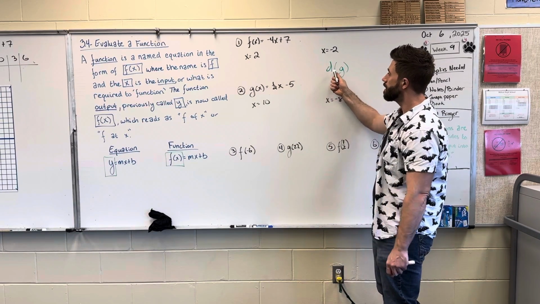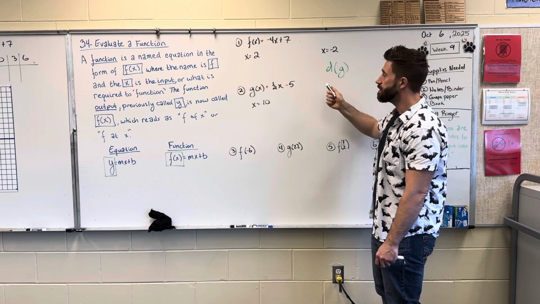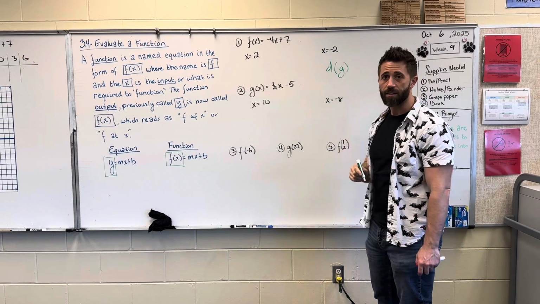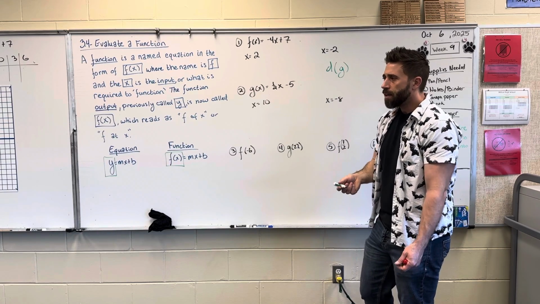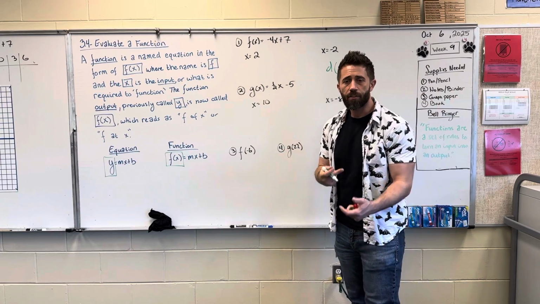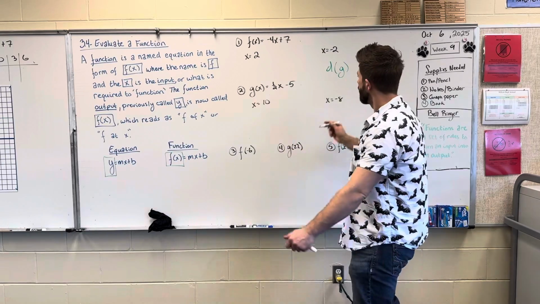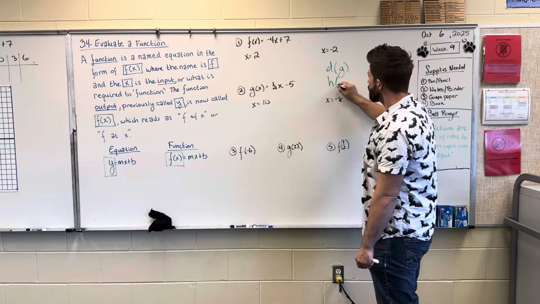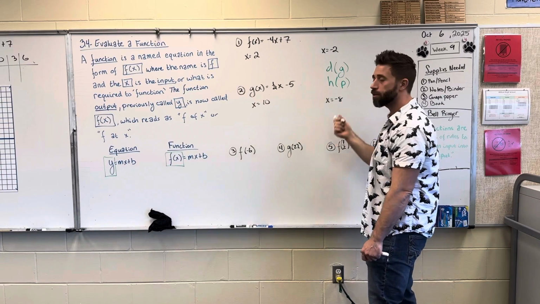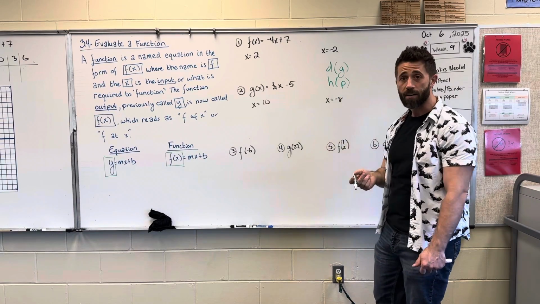So I would say d of g. Distance is a function of the number of gallons of gas we put in. If I want to say your height is a function of your parents' height, how tall were they? I would say your height, I pick the first letter, is a function of your parents' height. Can't put another h there, so I'll put a p for your parents' height.